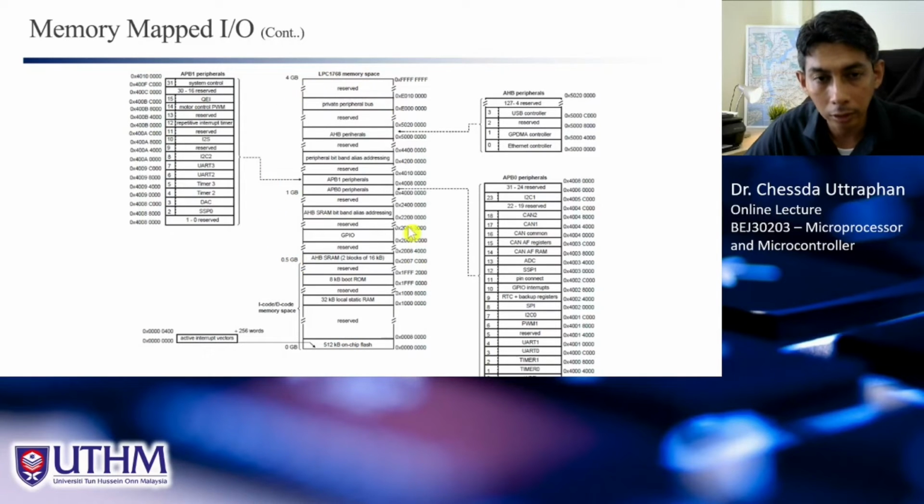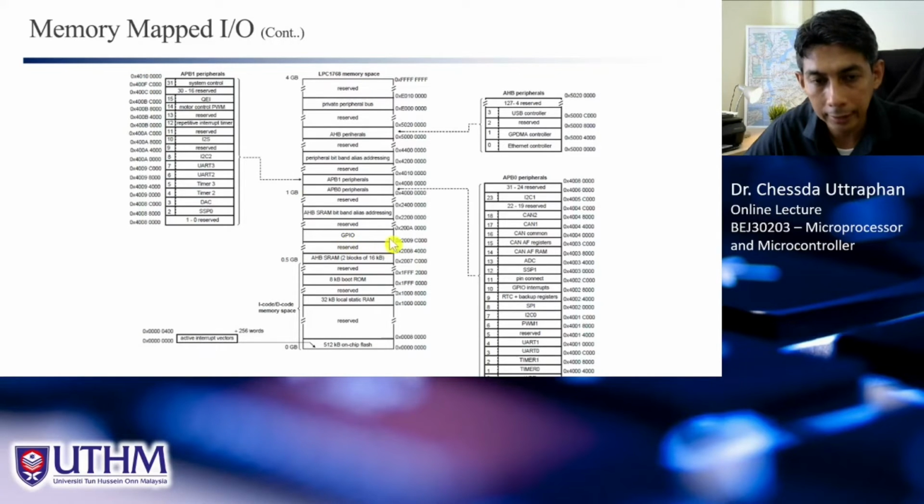And it is not used for storing data only, yeah. It is actually mapped to the IO or peripheral as well, right? For example, when we reserve this part, from this address to this address, means that we reserve this for what we call the general purpose IO, input output.